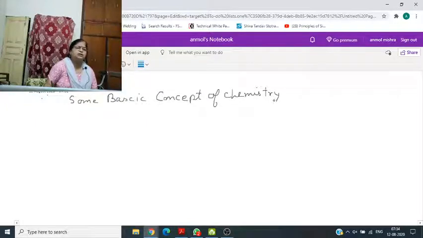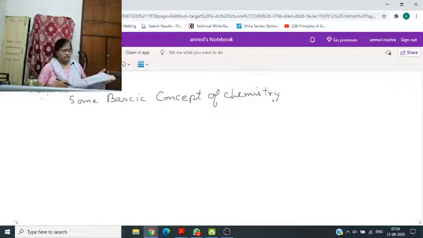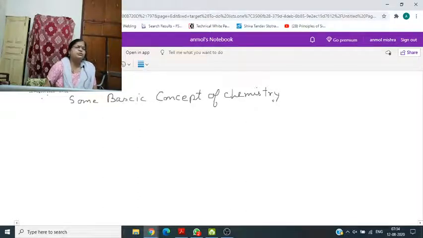earlier hydrogen was taken as a reference to calculate the atomic mass of the different elements, since it was the lightest element. But afterwards we came to know that the atomic mass was coming out to be fractional.